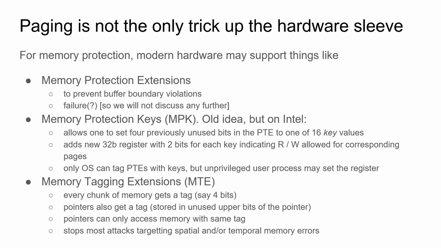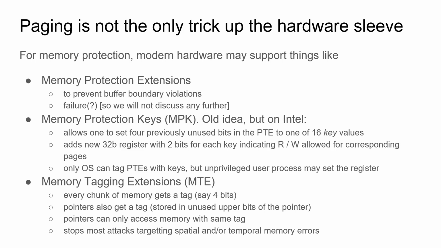Right? And now what you do is you make sure that a pointer that is dereferenced and the memory that it tries to access should match in the tags. So here's the idea. If you have an array, a buffer, and you have a pointer into that buffer, they are given the same tag. And that means that every time you dereference the pointer, the hardware will check whether or not the tag is still the same.